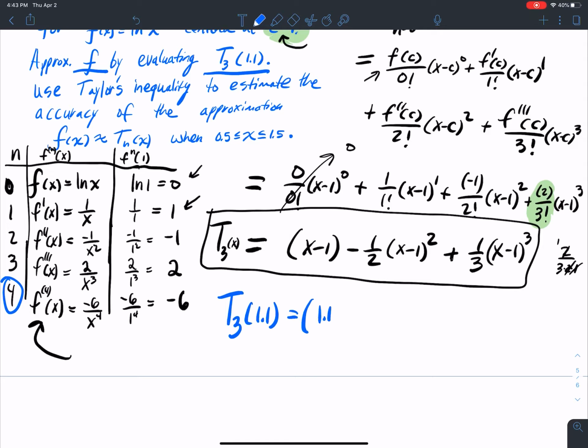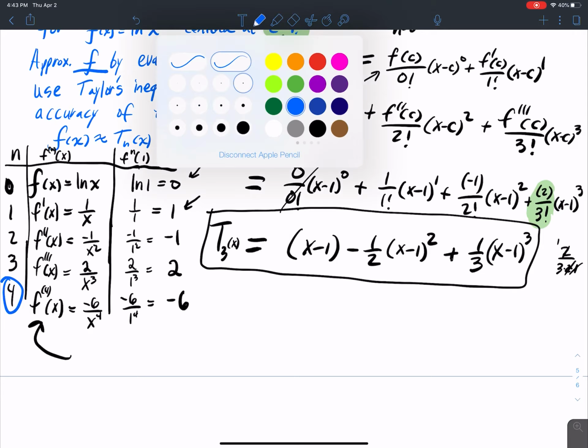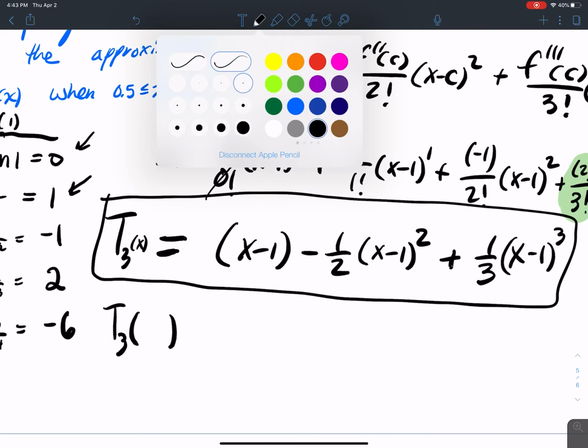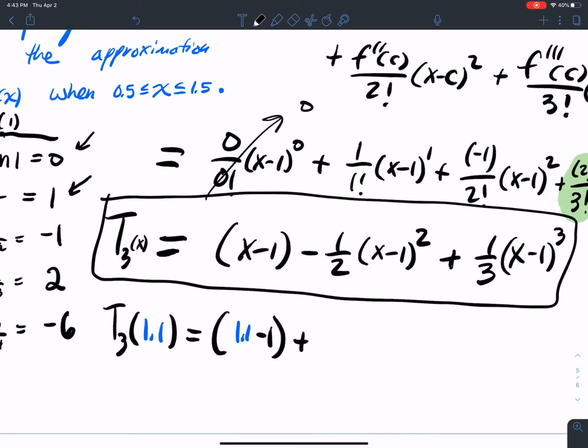This is 1.1. Let me use a different color here. Let me see if I can plug this in. T3 of 1.1 is 1.1 minus 1, minus 1/2 times 1.1 minus 1 squared, plus 1/3 times 1.1 minus 1 cubed.